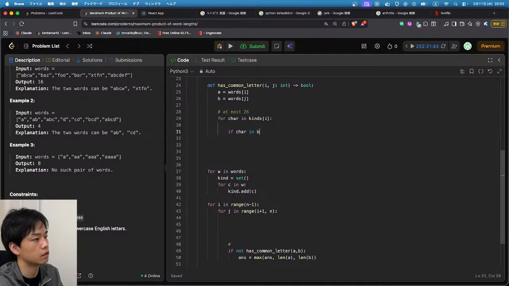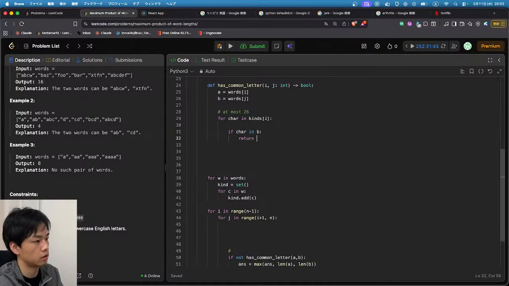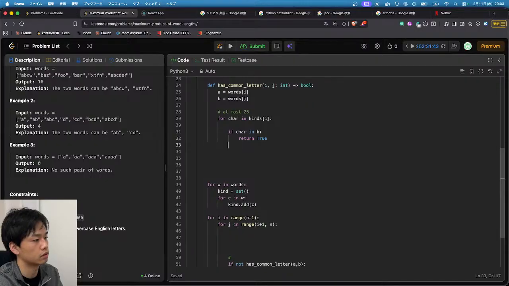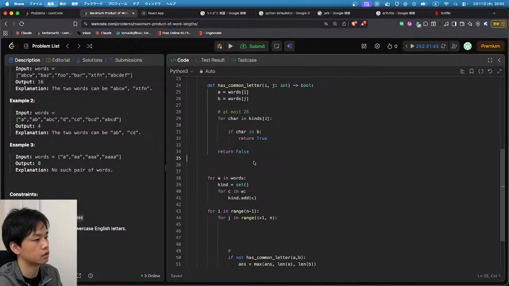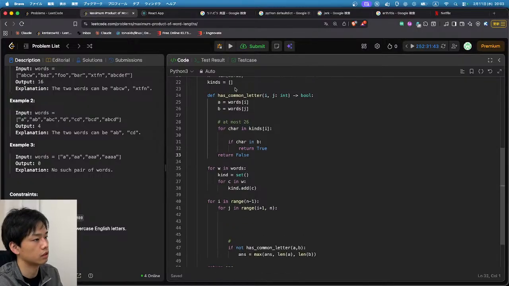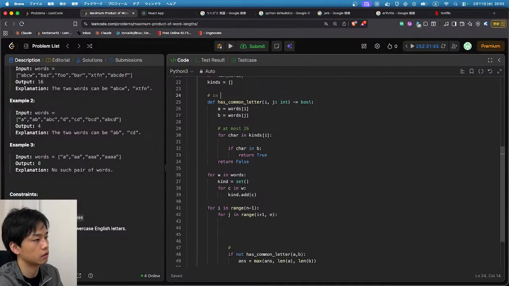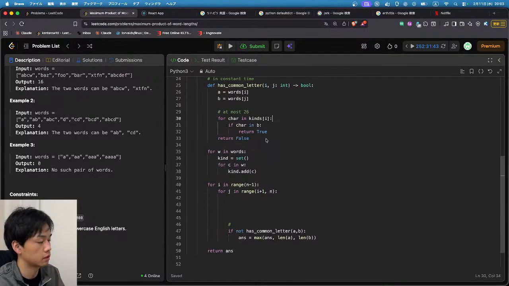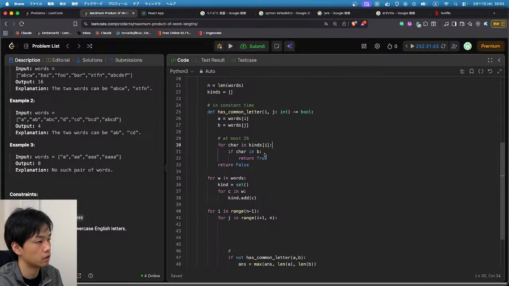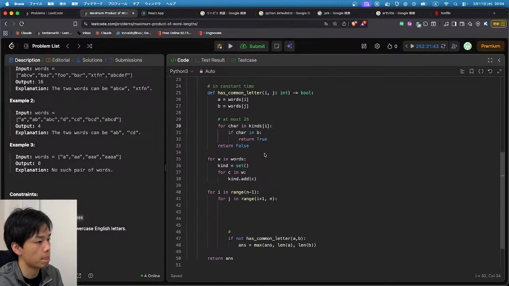If the letter is in B, return false, no, return true, return false. Okay. This function returns in constant time, right? So, yep.